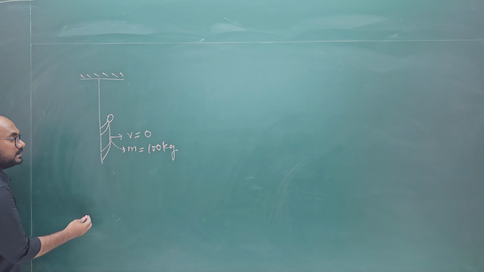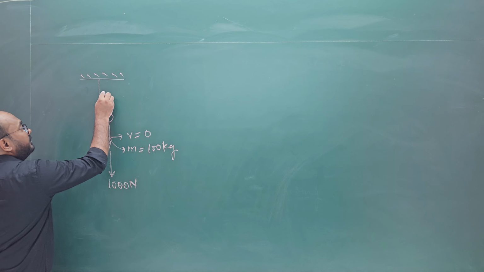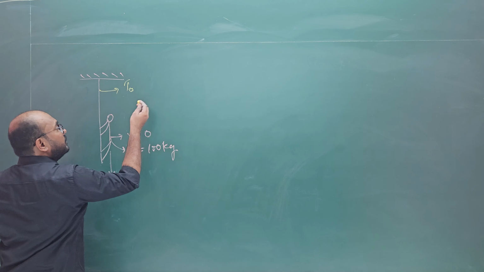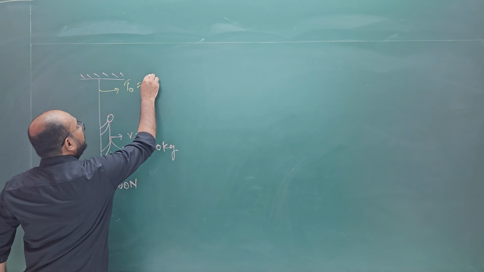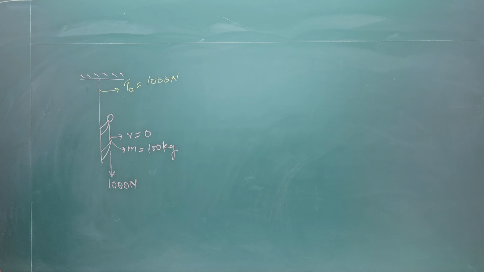That means 1000 Newton is acting in the downward direction because of mg. And T naught, the maximum strength of a string, is given 1000 Newton. Will the string get broken down? No, first thing.